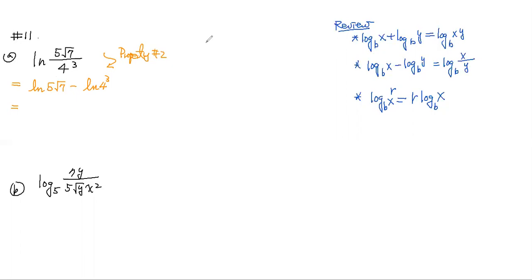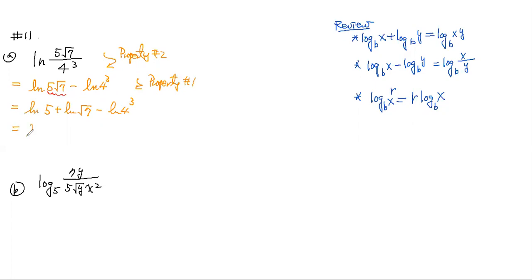Now in here you see this is a 5 and the square root of 7. So the multiplication I can change to addition, right? So it's natural log of 5 plus natural log of square root of 7, minus the natural log of 4 cubed. This uses property number 1 here, right?